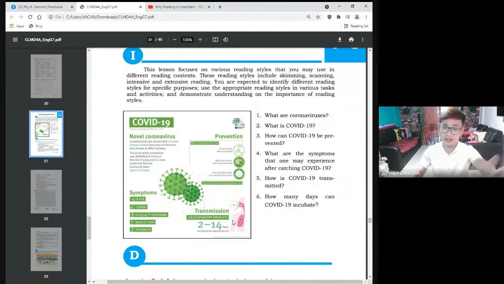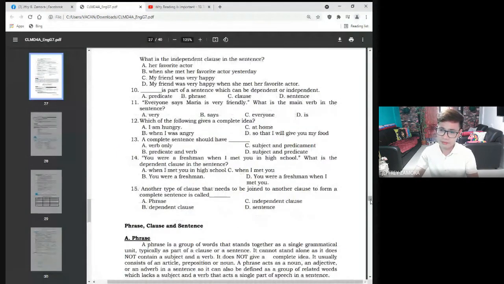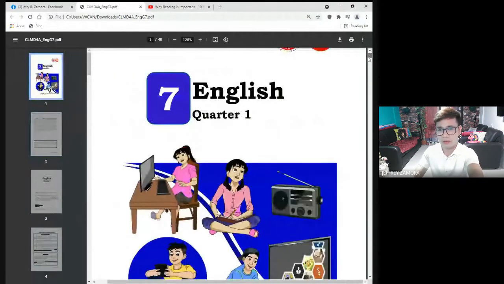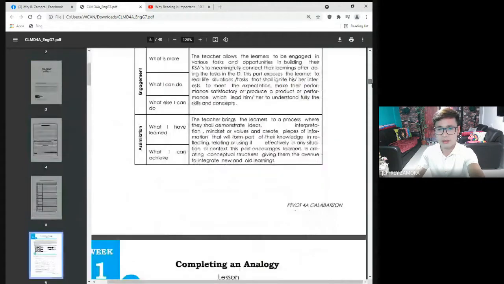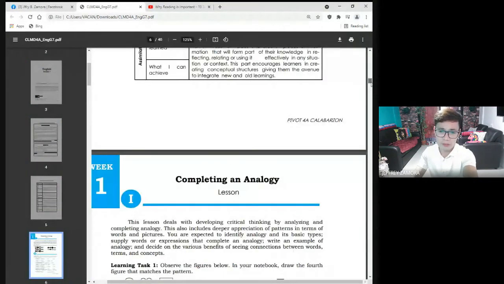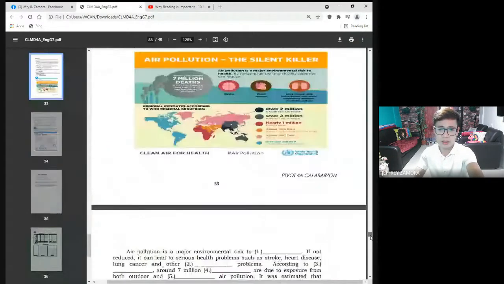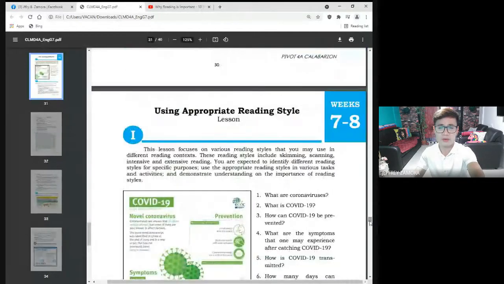So you just scan it. That is what you call scanning here. Let's say I downloaded it, oh, this is quarter one. Then what are the topics? The topic in week one, completing an analogy, week two until week eight. And then you already scan. That is what's called scanning.